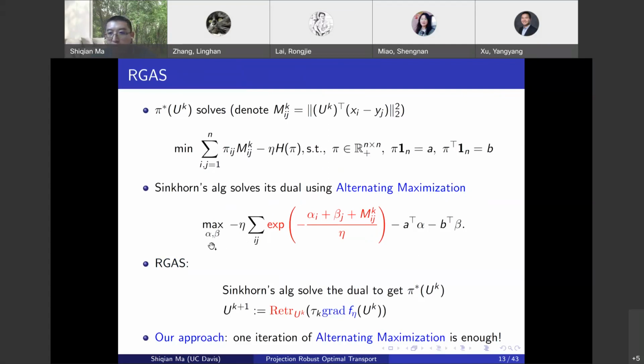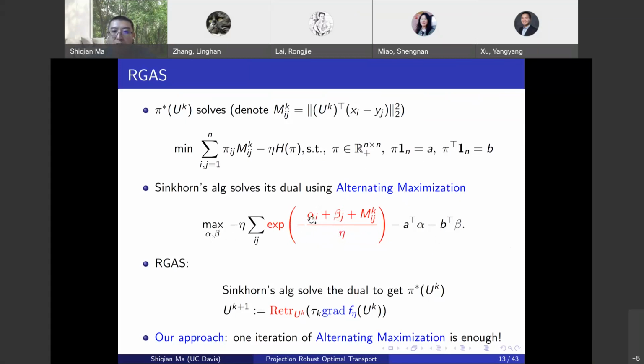This is a maximization problem with respect to alpha and beta. You can see that this problem is actually unconstrained, and there are two block variables. So very naturally, we can use the alternating maximization algorithm to solve this problem. Alternating maximization means that every iteration I just fix one variable and I maximize the function with respect to the other variable.